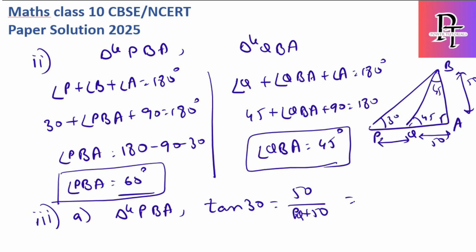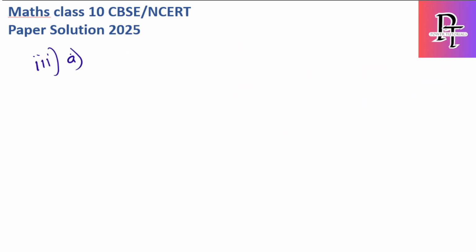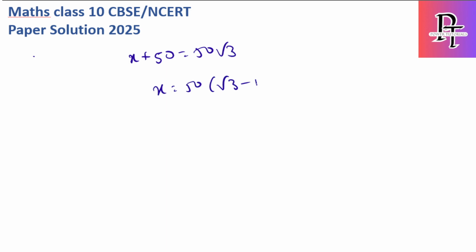So tan 30 is 1 by root 3, equal to 50 by, I'll write it as x, to find the x value. So x plus 50 is equal to 50 root 3. So x value is equal to 50 into root 3 minus 1.